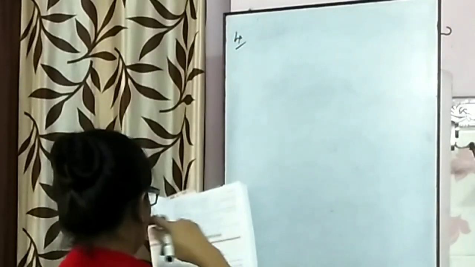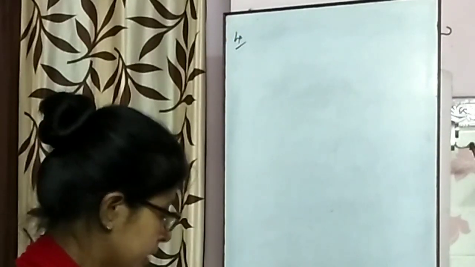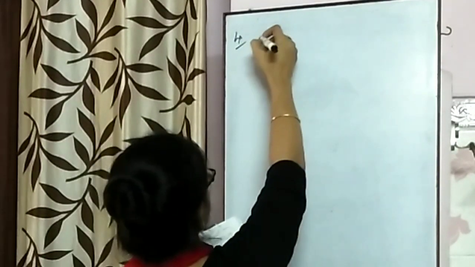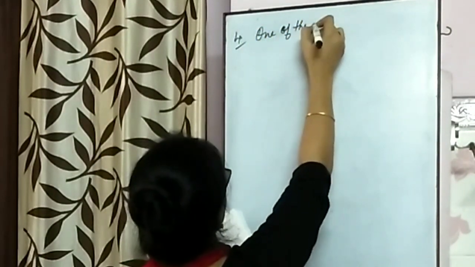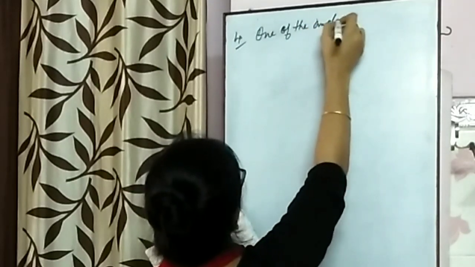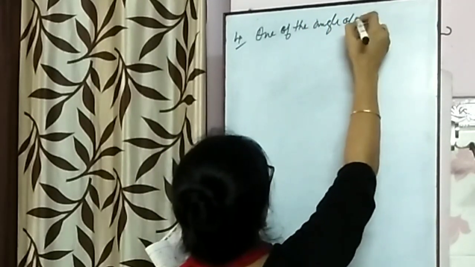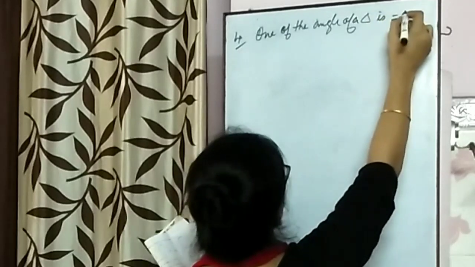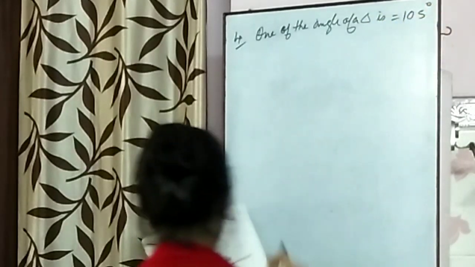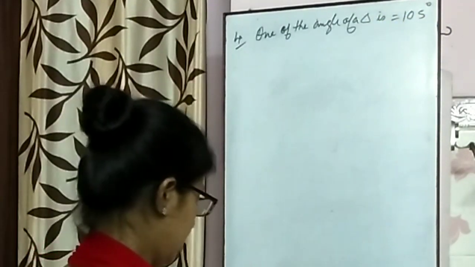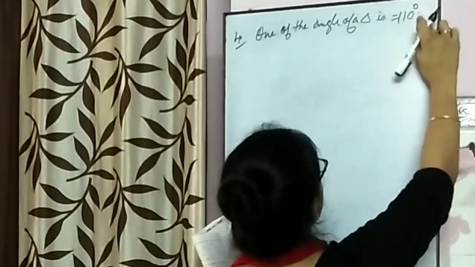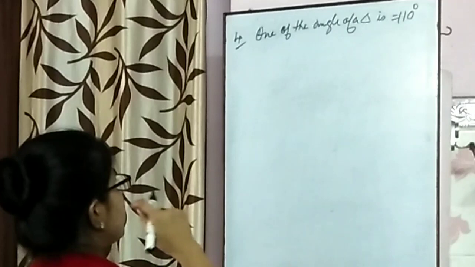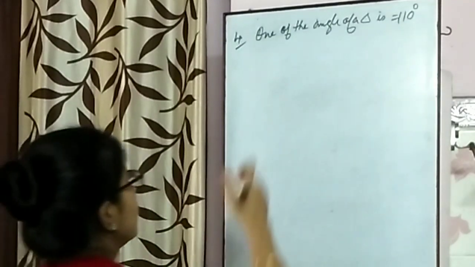Question number 4 says, one of the angles of a triangle is equal to 110 degrees, and the other two are equal.